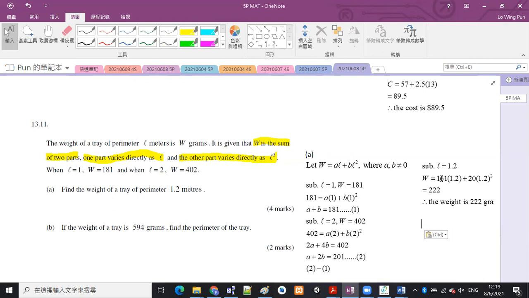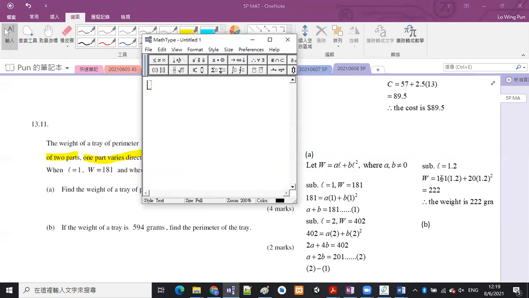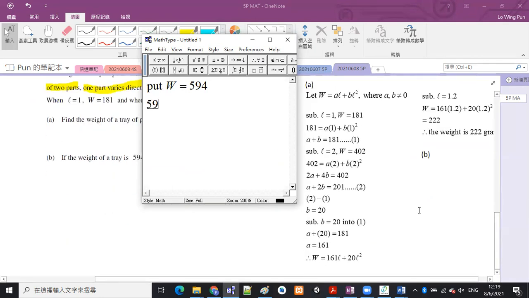Perimeter is represented by L, so you need to find the value of L. So in part B, you need to put W equals 594 into our equation to calculate the value of L. So 594 is equal to 161 L plus 20 L squared.